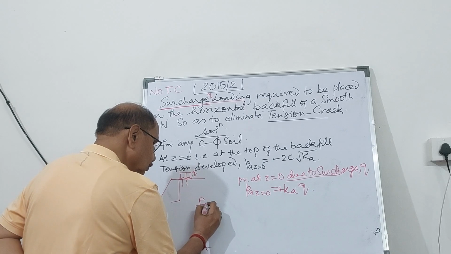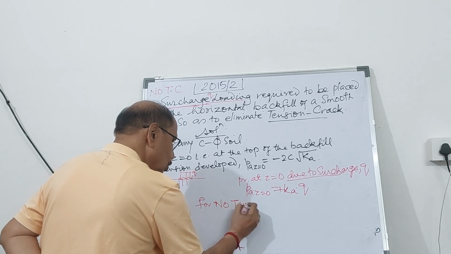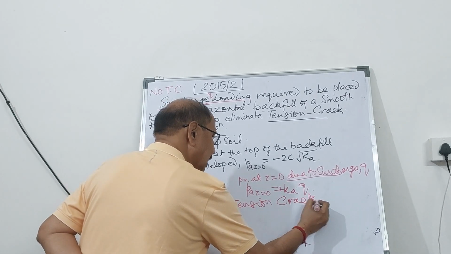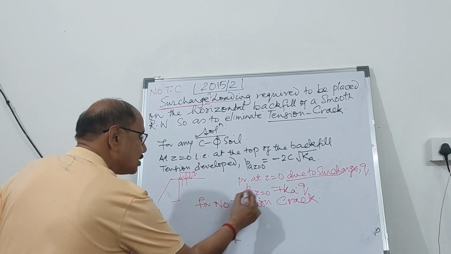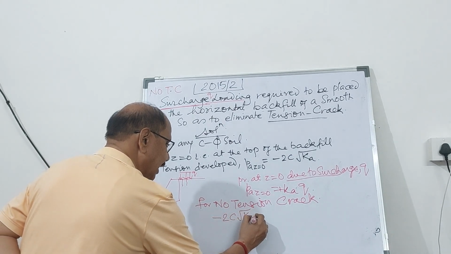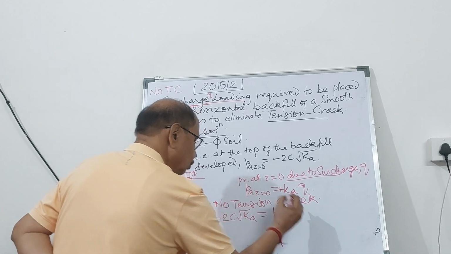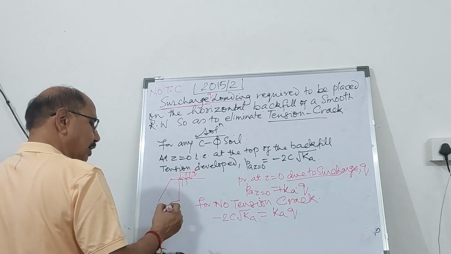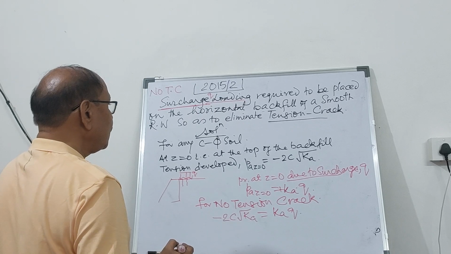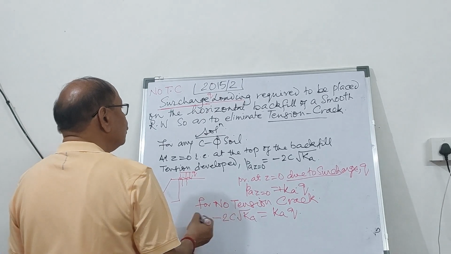For no tension crack, this minus 2c under root K must be equal to K times Q. So what is the value of Q?